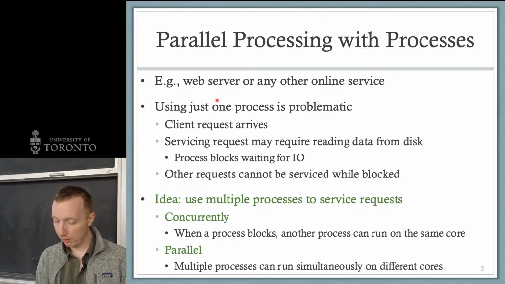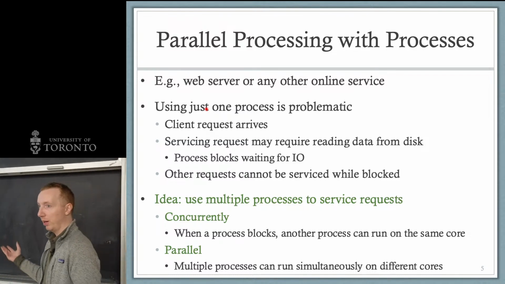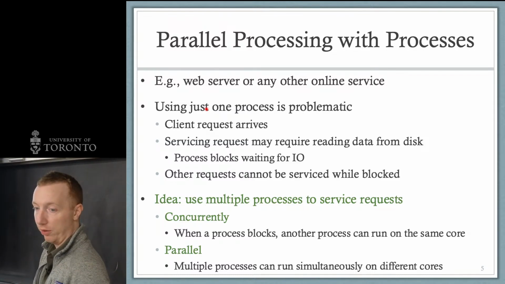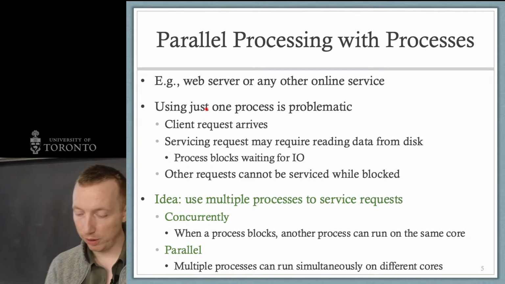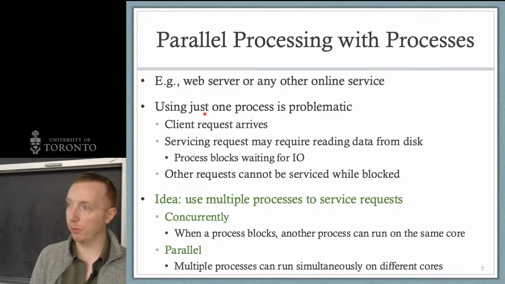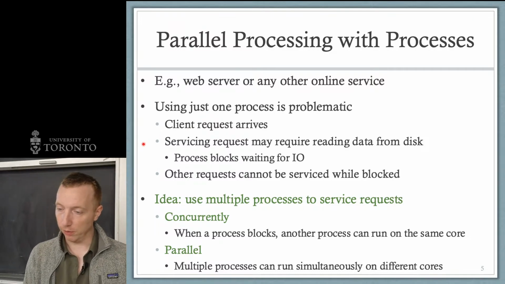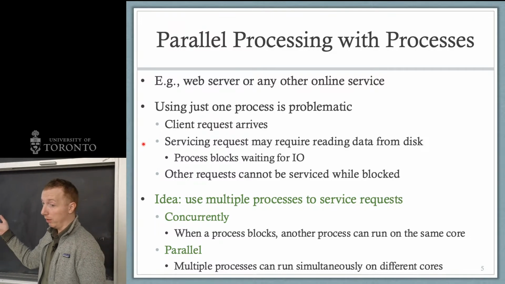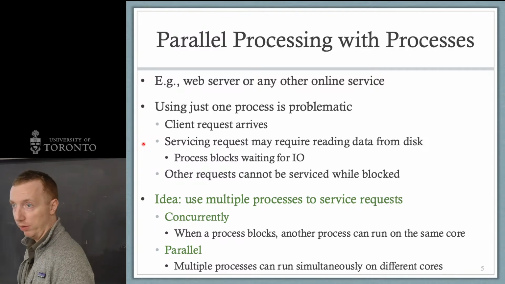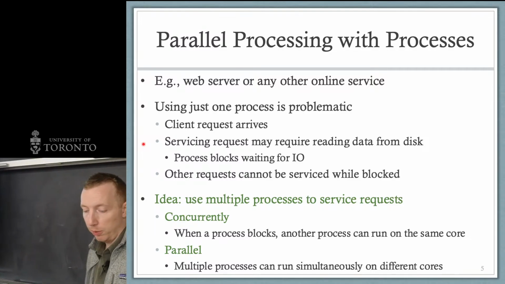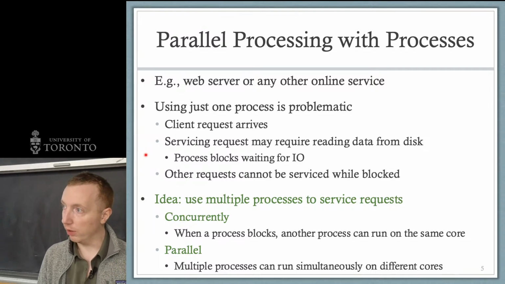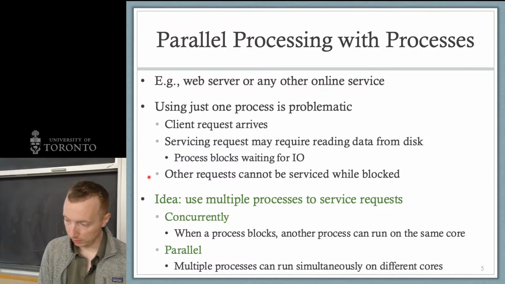If you have to block in a user thread, it will block that whole process, stopping any other thread from running. So if you have a bunch of blocking system calls, then the entire process gets blocked, nothing else gets to run. So if you only have user threads, you'd have to use processes so you can actually run multiple things at the same time. You can run other processes while you are blocked.